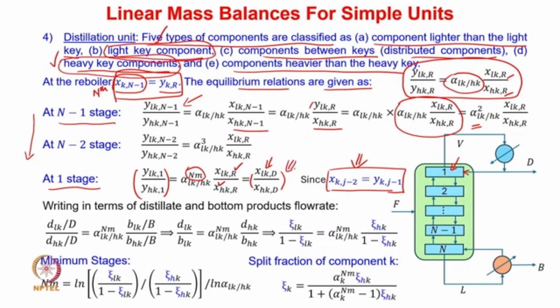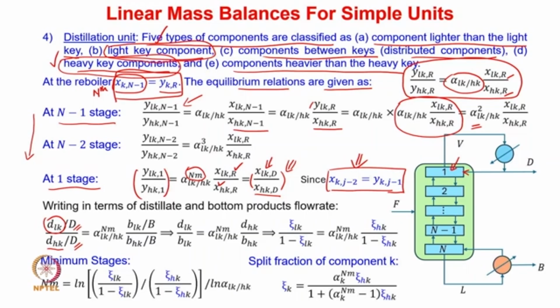Now this particular equation is further simplified. So x_lkD is nothing but the molar flow rate of the light key component in the distillate divided by the total amount of distillate, isn't it? Similarly x_hkD will be the molar flow rate of the heavy key component in the distillate divided by the total amount of distillate.